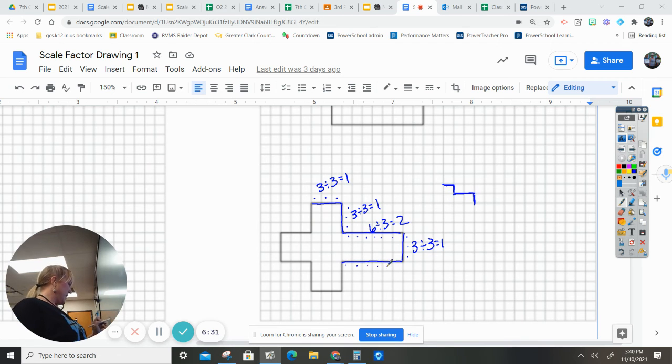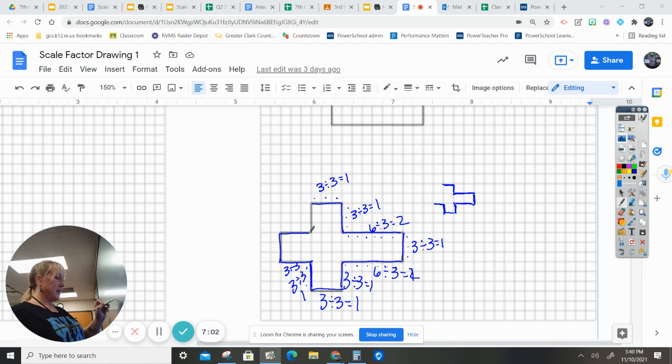I think we're getting the pattern. This is 6. Reduced by 3 is 2. This is 3. Reduced by 3 is 1. Each remaining 3 reduced by 3 is 1. And I think I can figure out the pattern.